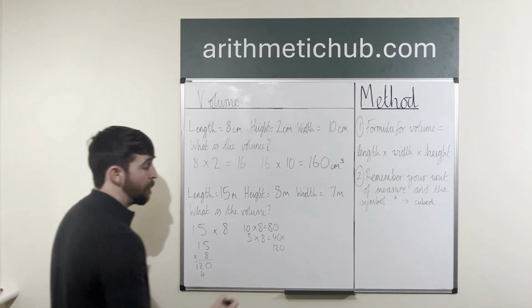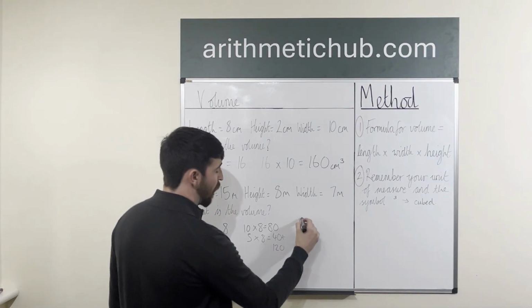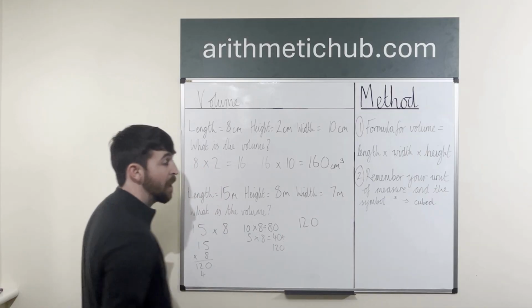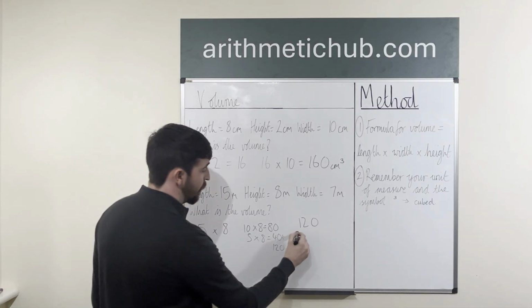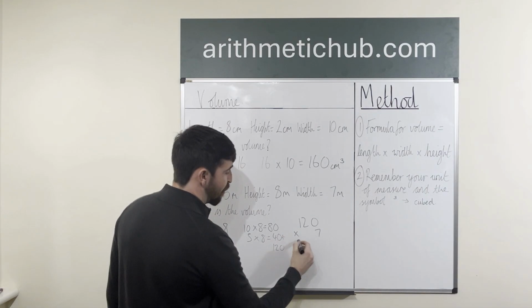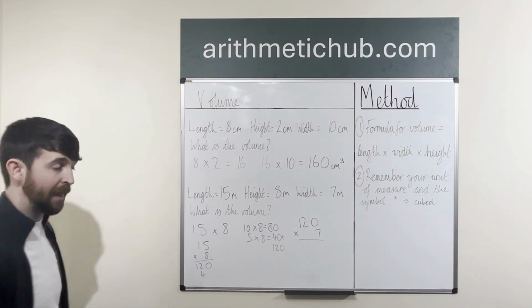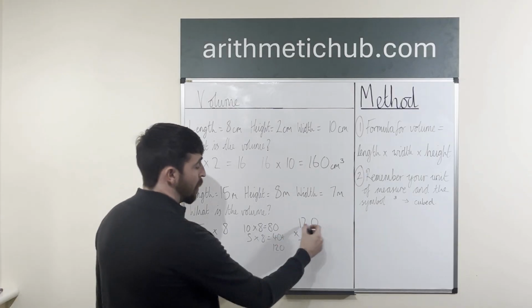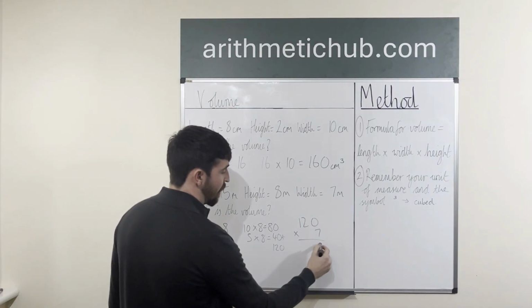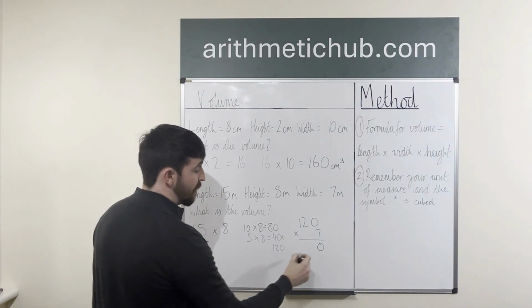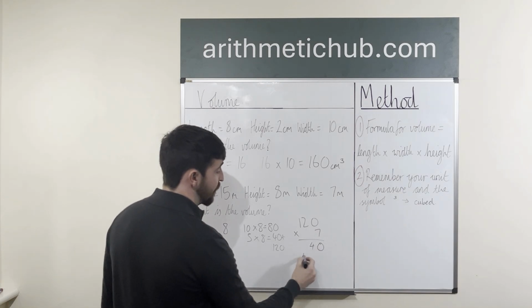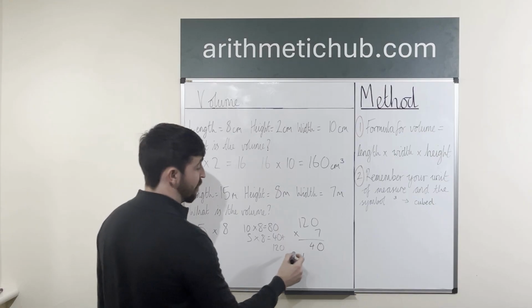And then once I've got my 120, I can do 120 multiplied by the remaining length that we've got, the width actually. Okay, so 120 times 7: 0 times 7 is going to give me 0. 7 times 2 is going to give me 14. 7 times 1 is going to give me 7.